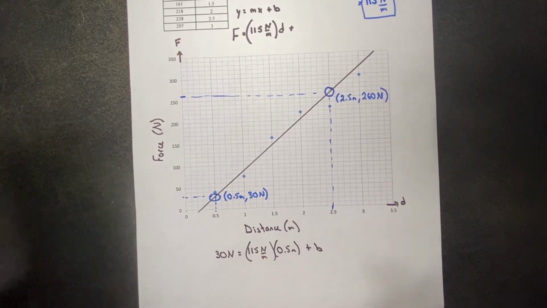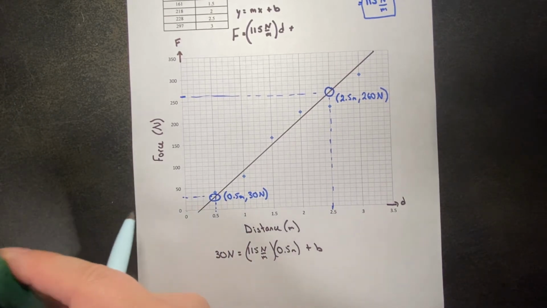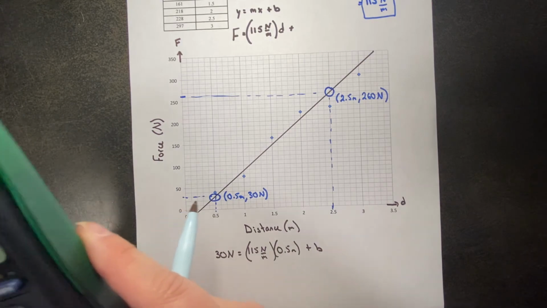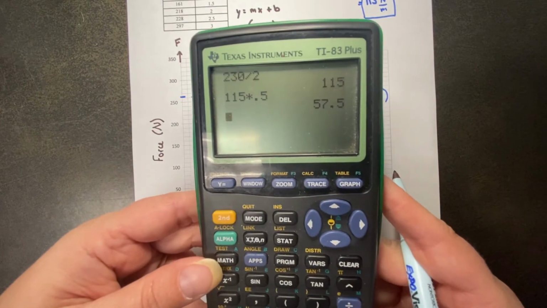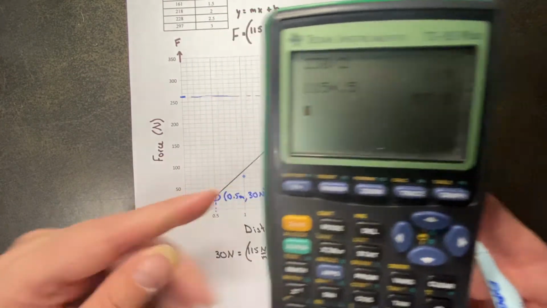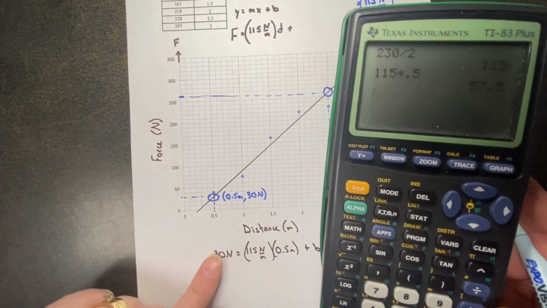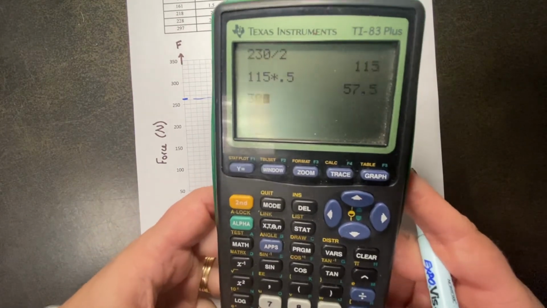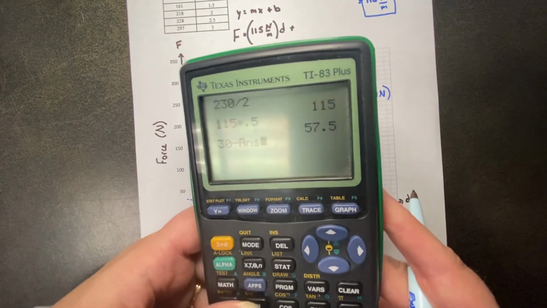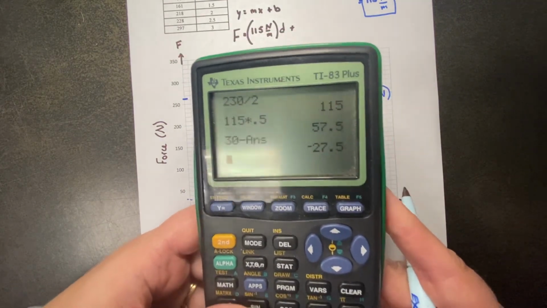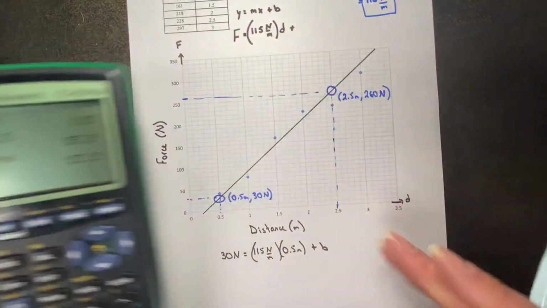So 115 times 0.5 is 57.5, and then I need to move it over to the other side by subtracting. So 30 minus 57.5 is negative 27.5.